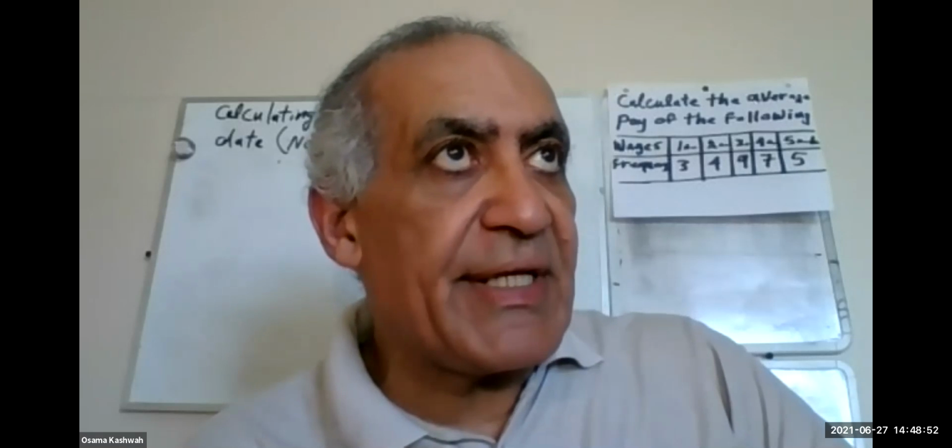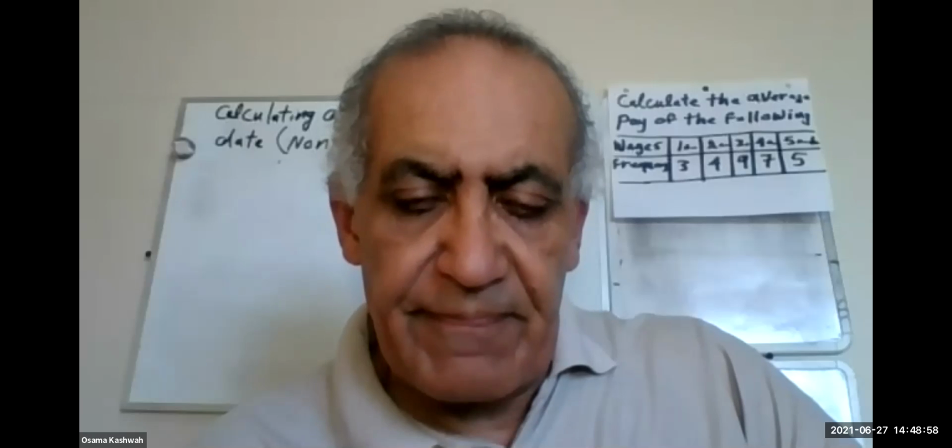We talked about the sample mean of randomized data, and we said that it is simply the sum of x divided by n, the number of observations.